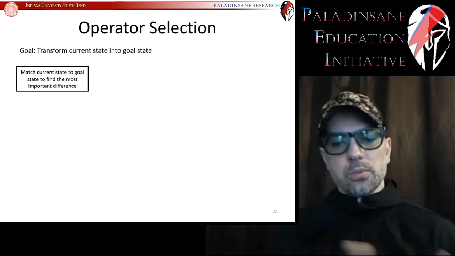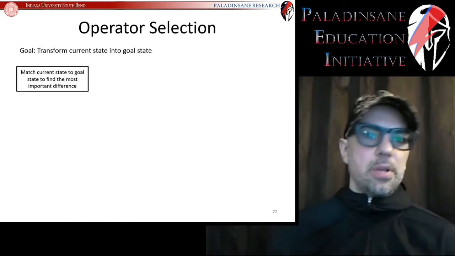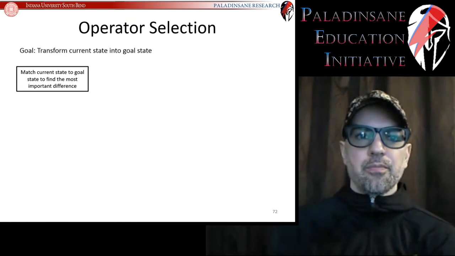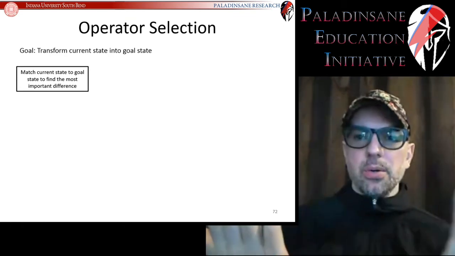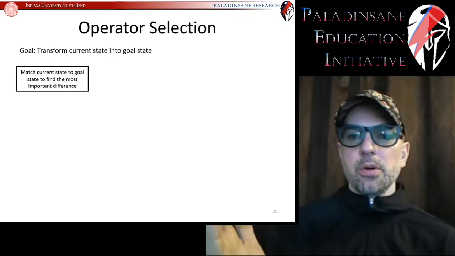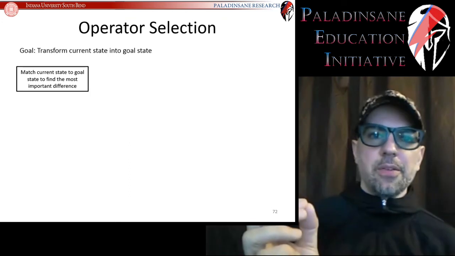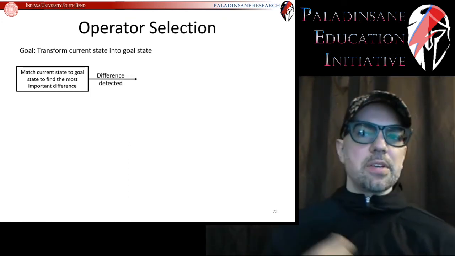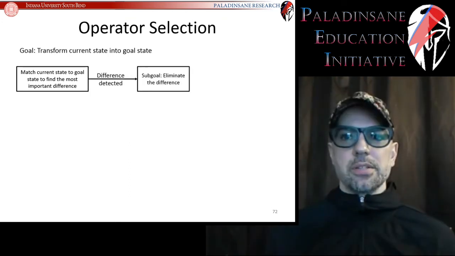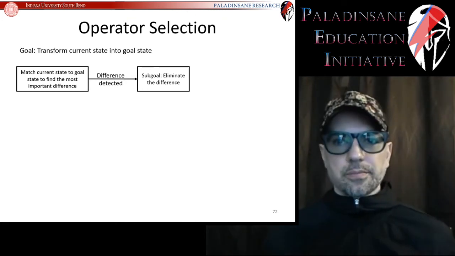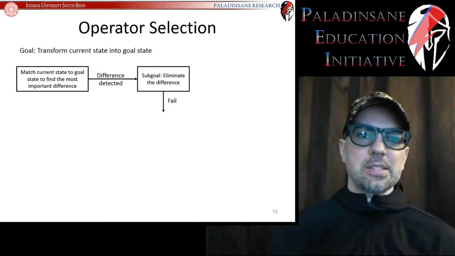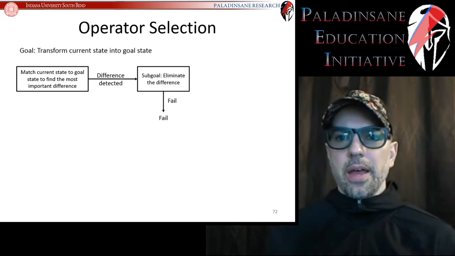So what we do, we'll put up a flow chart here. What we do is we match our current state to the goal state. We compare the two and we find the most important difference. And if a difference is detected, then we have a sub-goal. Eliminate that difference. That is, solve the problem. If we fail at that sub-goal, then we fail.